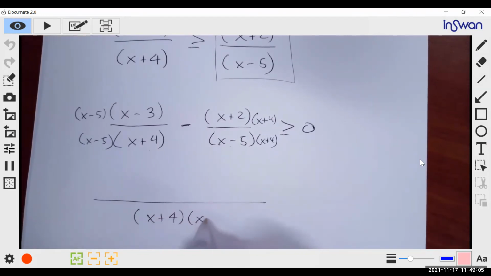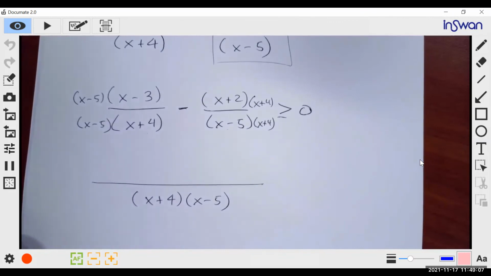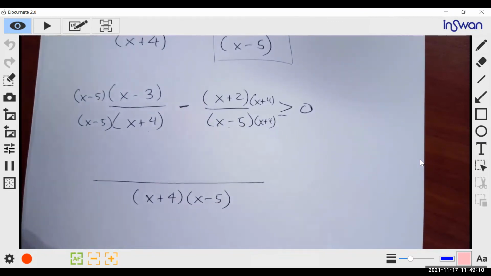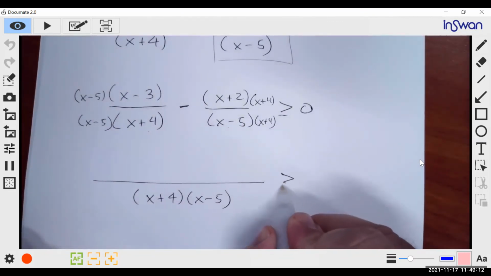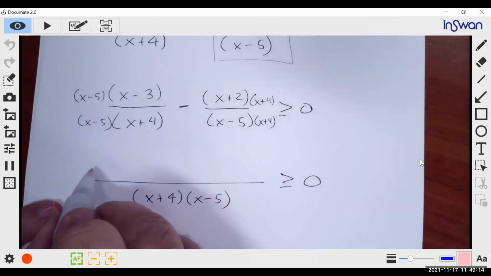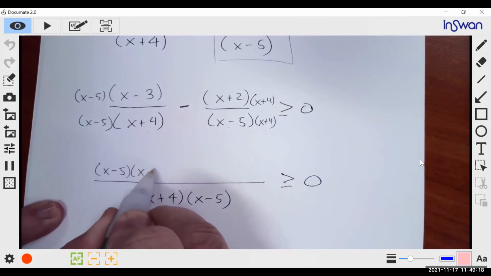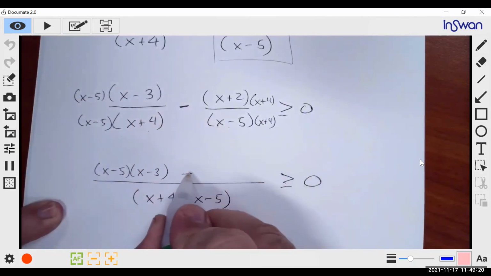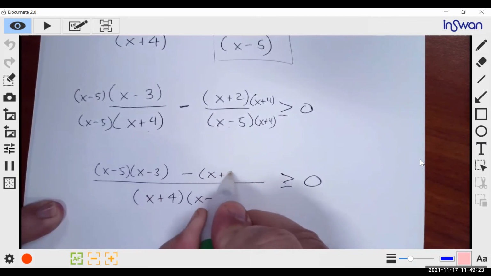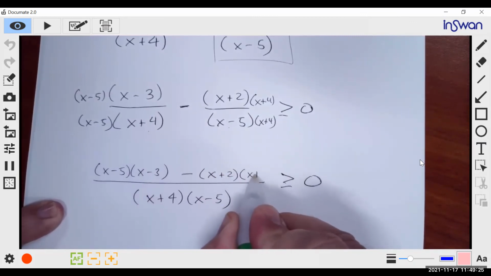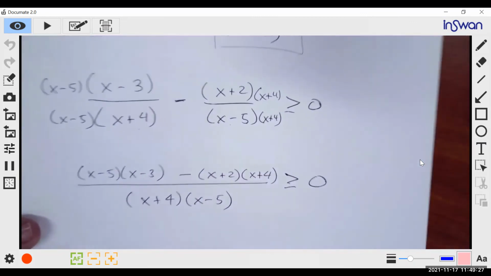X plus 4, x minus 5 is the common denominator. And here I have x minus 5 times x minus 3 minus x plus 2 times x plus 4.